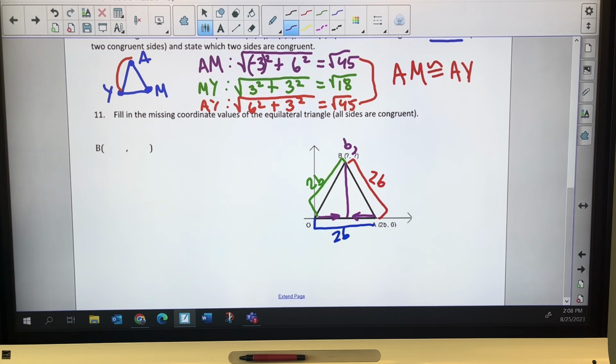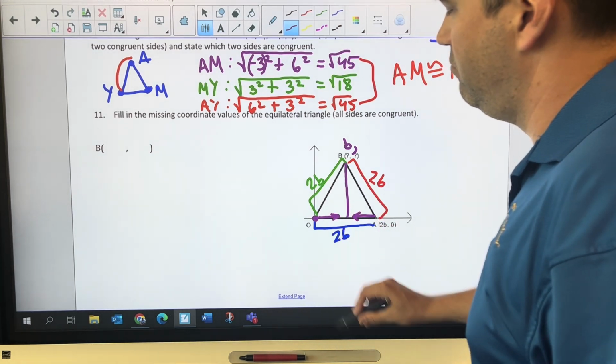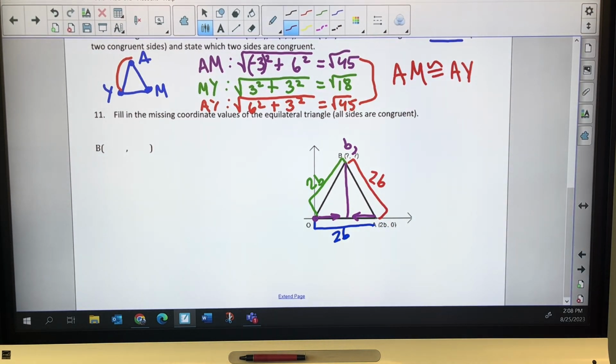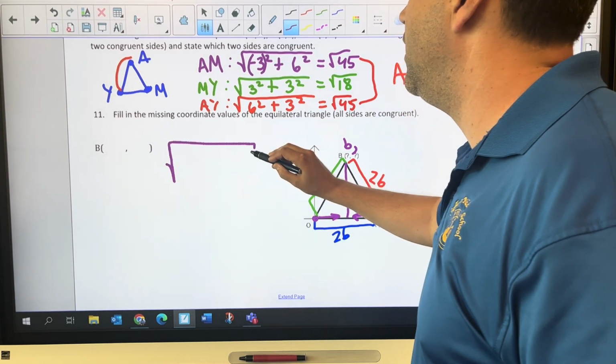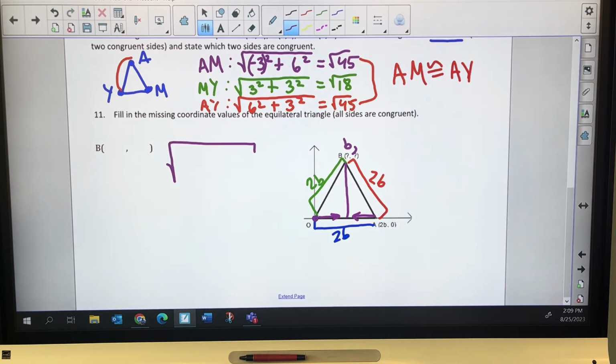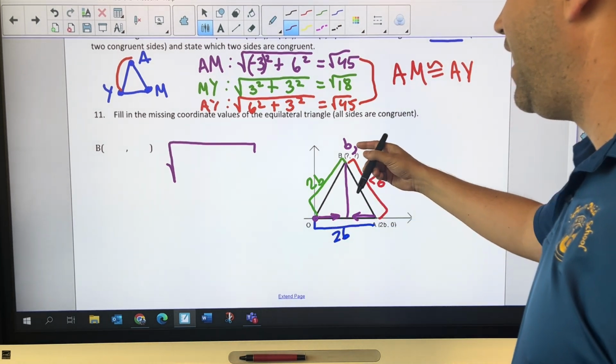Now, to find that height right there that gets me to a distance of 2b, I'm going to think about that distance formula. And I'm going to use 0, 0, just because it's a little bit easier to throw those zeros out there. The distance formula is going to be right here. And I know that I want my x to be b.